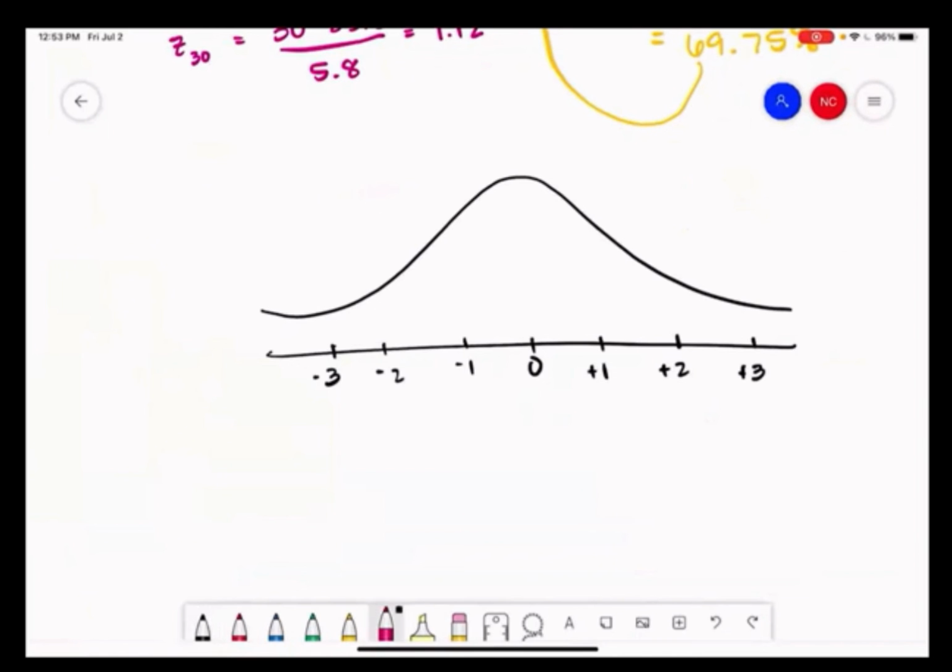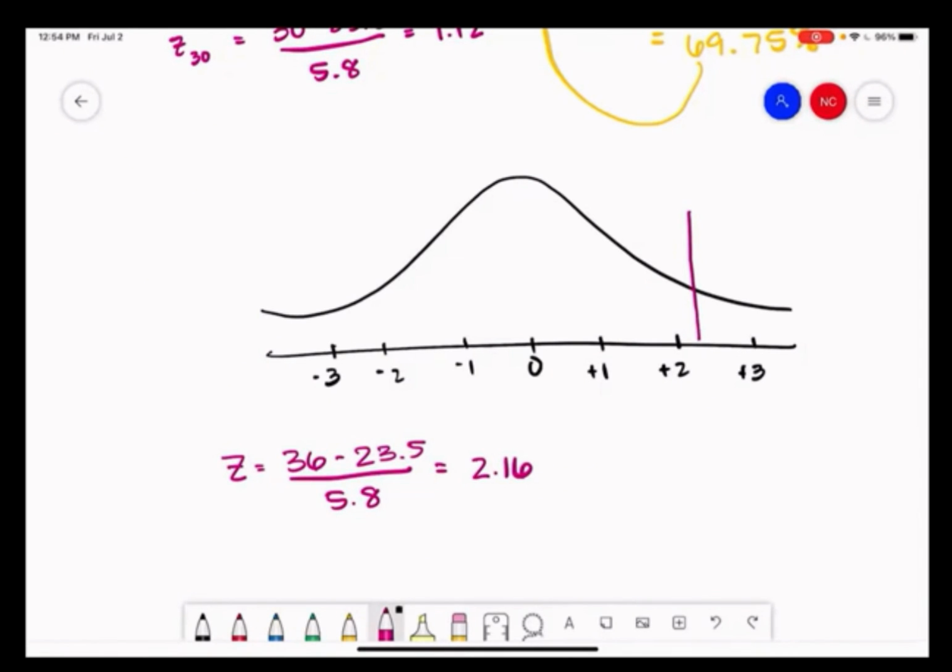Okay, so we can calculate our z-score for 36 minus our mean divided by our standard deviation. And that gives us a z of 2.16. Okay, so on our graph, we can say, this is pretty close to +2 standard deviations, right? And we want the probability of more than 36 hours.